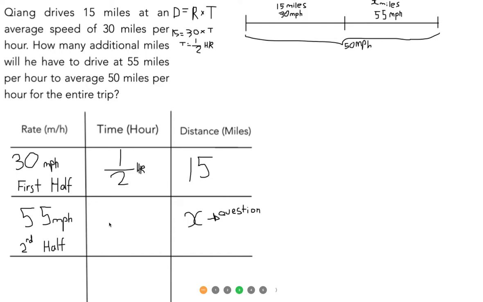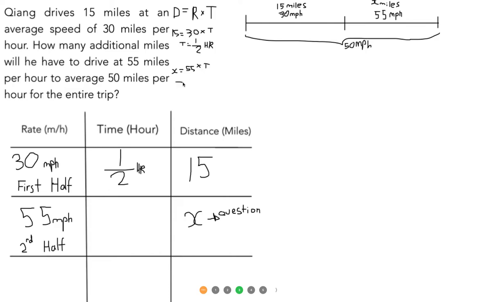And this is what the question is asking for. And so if we solve for the time it took at 55 miles per hour, we get x equals the rate, which is 55, times the time, which is t.